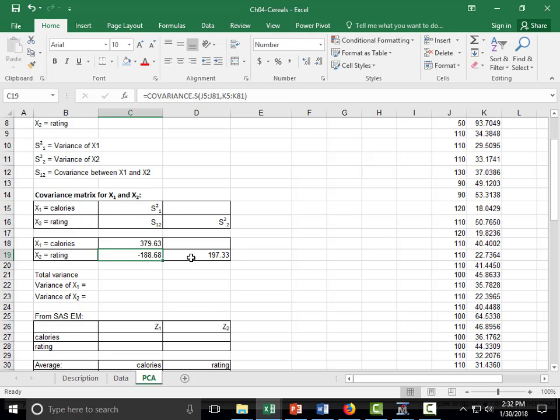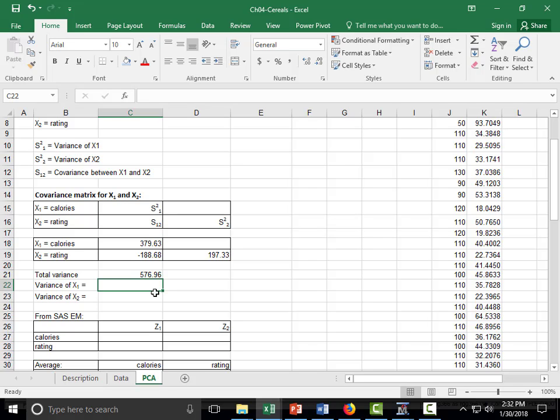So now if you add these two, that is a measure of the total variance. Of course, because we have covariance, there is a little bit of an issue there, but let's for the moment ignore covariance.